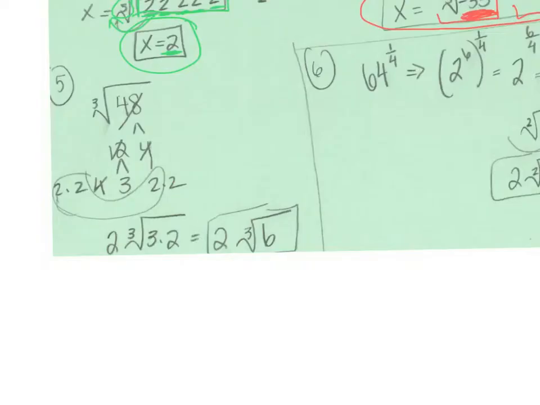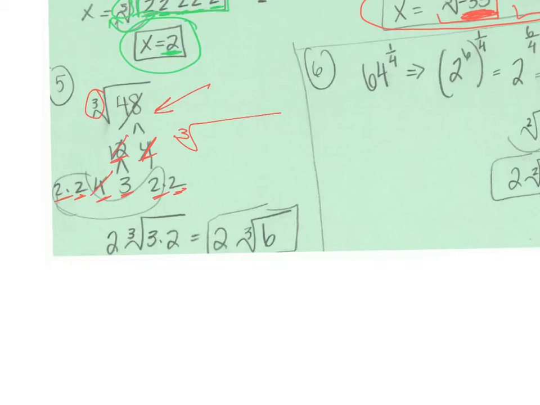For number 5, if the index is a 3, you want to break down and take out. So find all of the factors of 48. We broke down to 12 and 4, and then we replaced the 12 with 4 and 3, and then we replaced the 4 with 2 and 2. We replaced this 4 with 2 and 2.